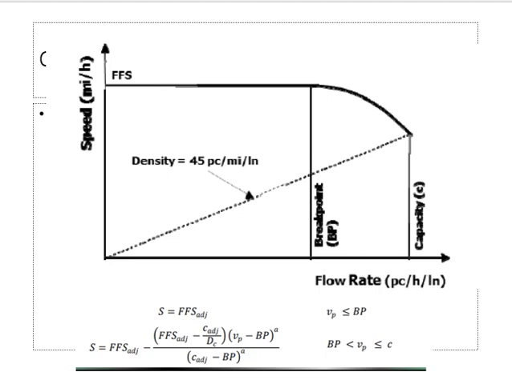Before the breakpoint, it's just a value. After the breakpoint, we have to apply this equation. Free flow speed, you know. C is capacity. DC is critical density.